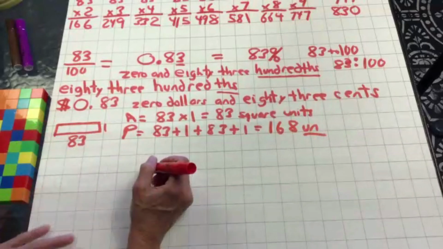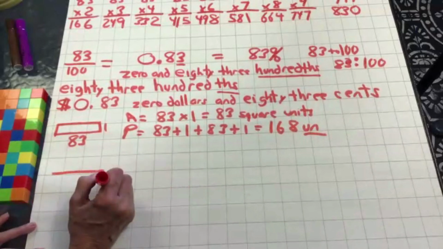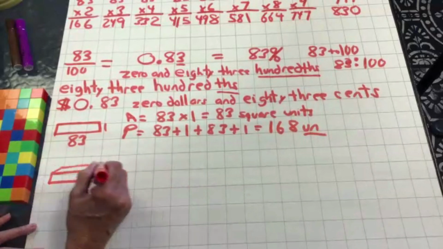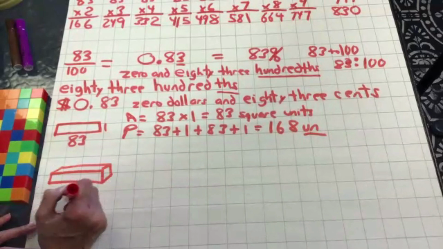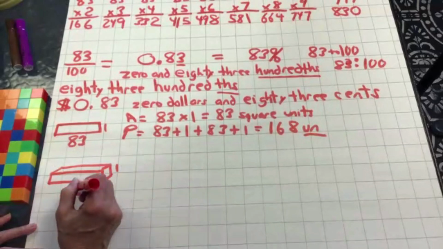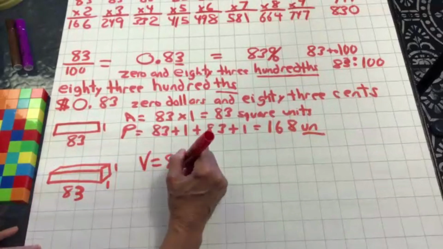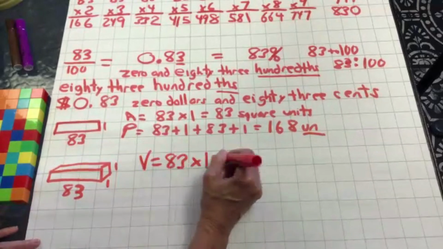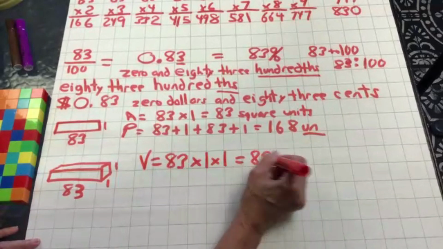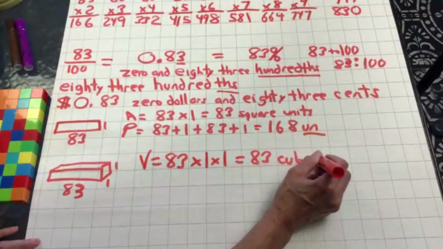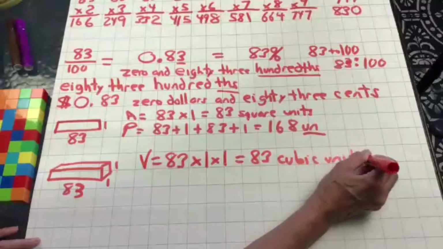So this would be 83 plus this one, plus 83 plus this one. All right, let's go on to our volume. And we're going to do the same with this. 83 by 1 by 1. So volume equals 83 by 1 by 1, which equals 83 cubic units.